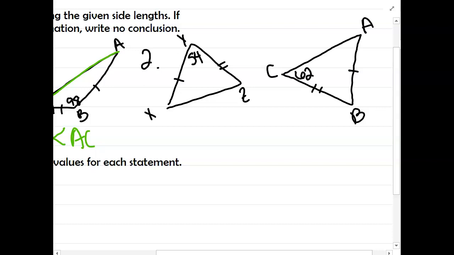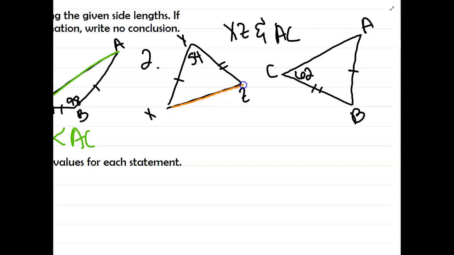I want to write an inequality to relate XZ and AC. So the sides I'm looking at are XZ and AC.